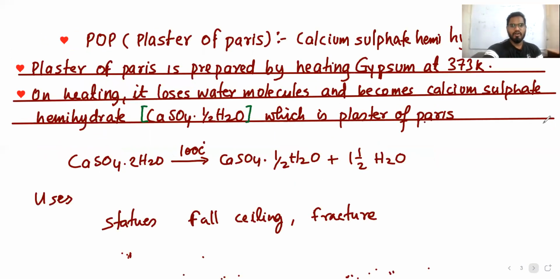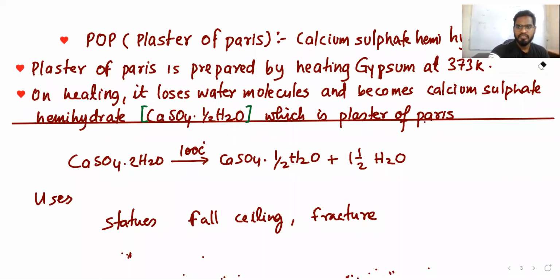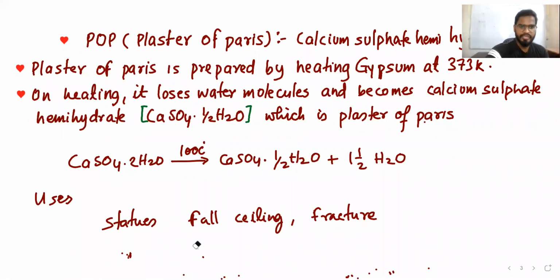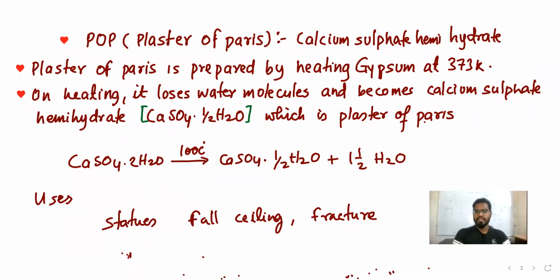Fine. The next compound that we are going to see is plaster of Paris. Plaster of Paris is calcium sulfate hemihydrate. Hemi means half, right? Plaster of Paris is prepared by heating gypsum, that we'll see.